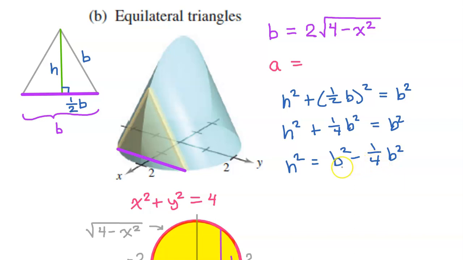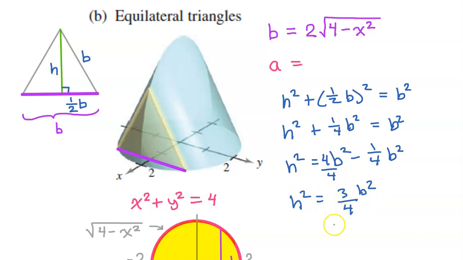But these are like terms. B squared is like 1b squared. This is like having 4 over 4 b squared. So I have h squared is equal to 4b squared over 4 minus 1b squared over 4 is 3b squared over 4, or 3/4 b squared.